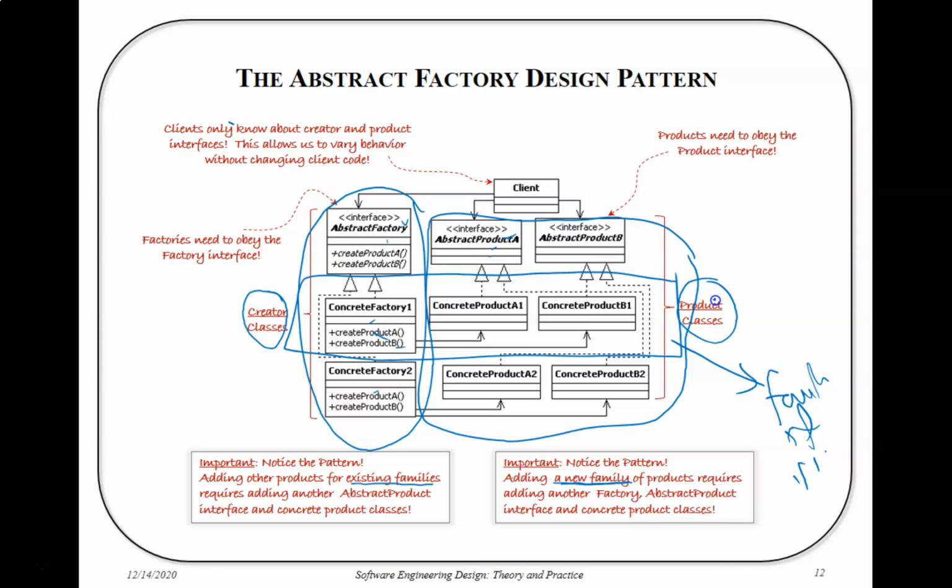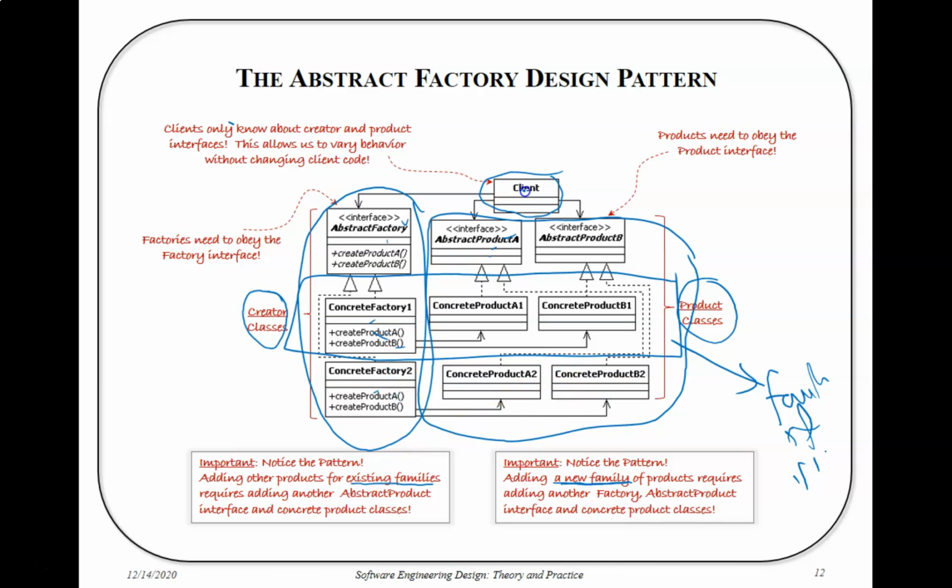The main point here is to understand the client object. When we want to add a new product, we don't have to change the code of the client object, because the new product shares the same interface. For example, the abstract factory has create product A and create product B. Concrete factory one also has create product A and create product B, even though the implementation is different because they create different products: this one A1 and B1, this one A2 and B2.